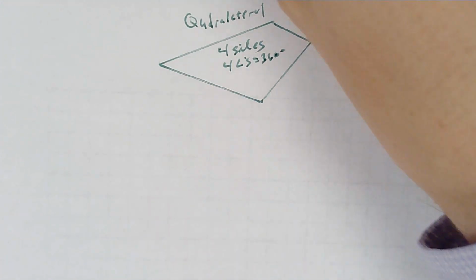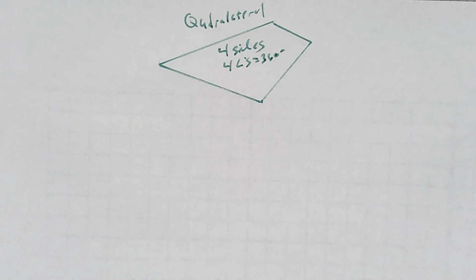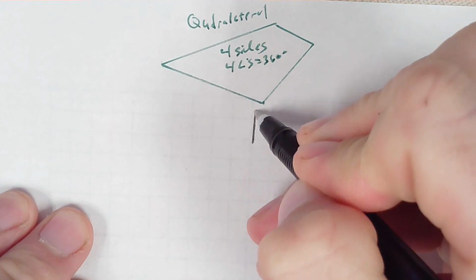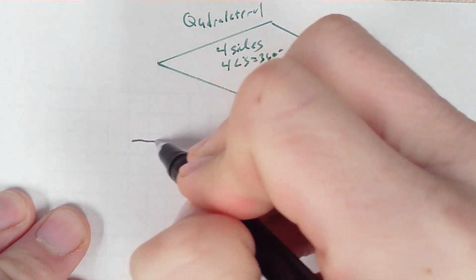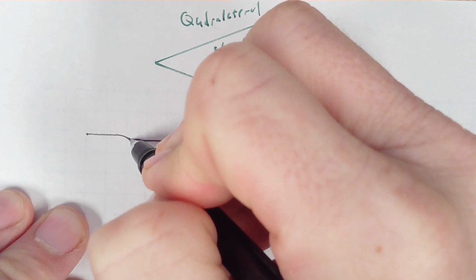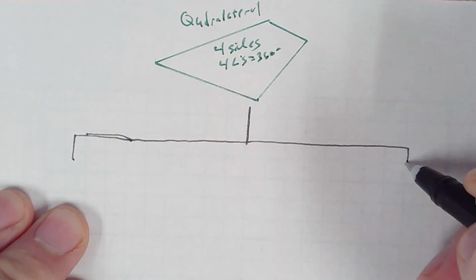Okay. Well, you can break those down into, I guess, three major types, depending on a couple of characteristics.